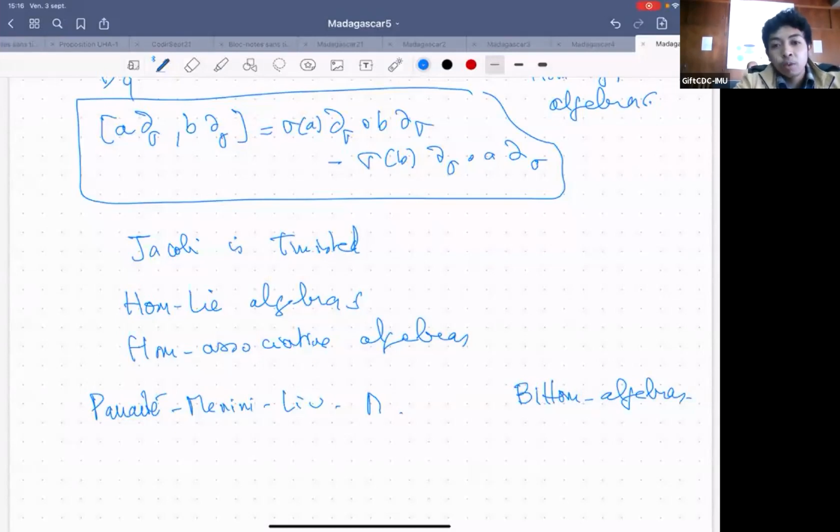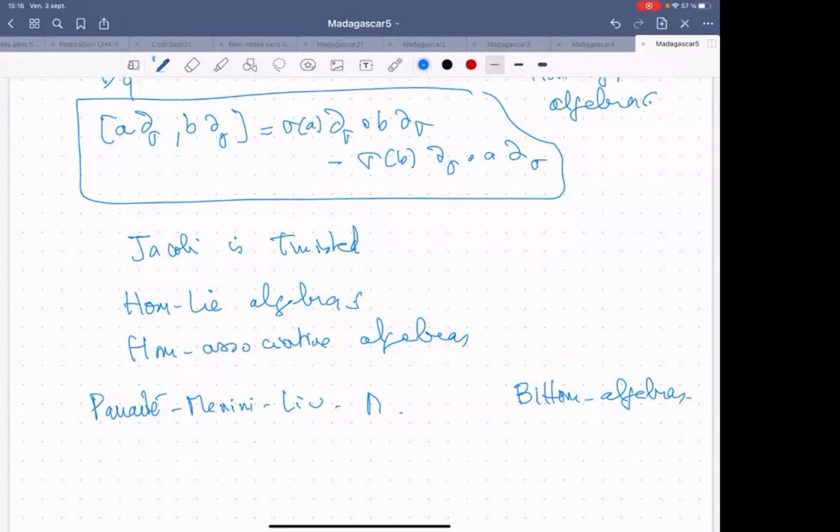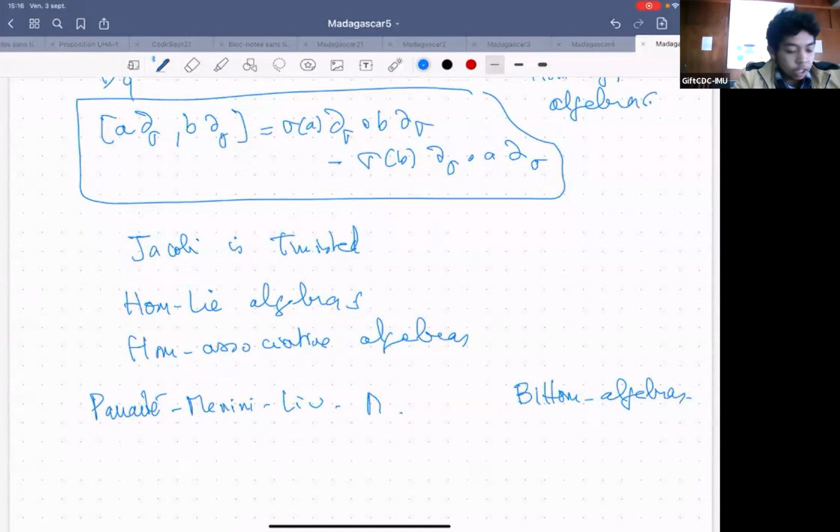Here's my question. Can we interpret the deformation of an algebra as a perturbation of algebraic structure? You mean deforming the structure constants? No, you said in your last lecture that the definition of a deformation is a series of something.